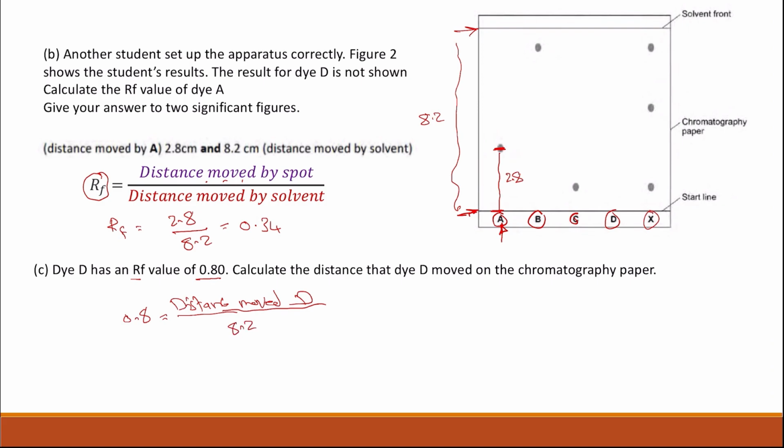So the distance moved by D equals 8.2 times 0.82, and to two significant figures, the value is 6.7.